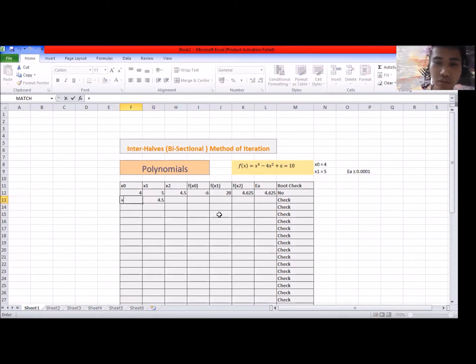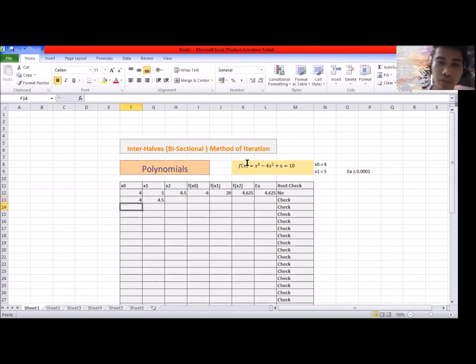Again, let's do that for x0. For the logical test, we need it to be less than 0, because the function values at x0 in the bisection method are negative. If the value is true, then we copy x2, and if not, we copy the previous value.